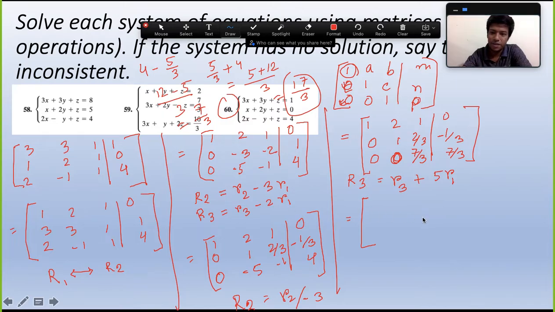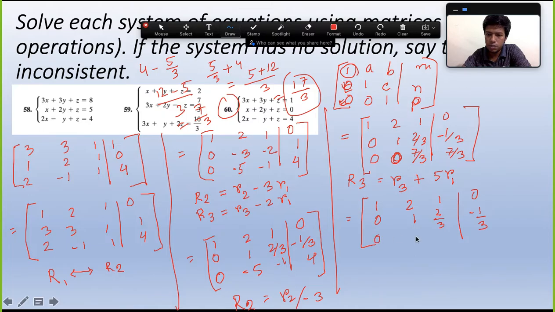Okay, so what we have here is 1, 2, 1, 0, 0, 1. This is 2 divided by 3, this is minus 1 by 3.